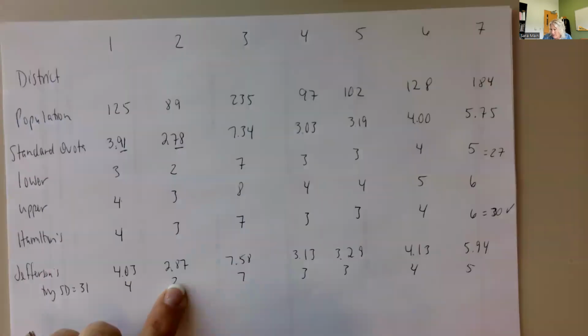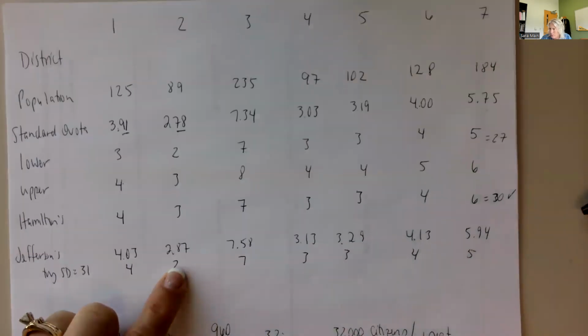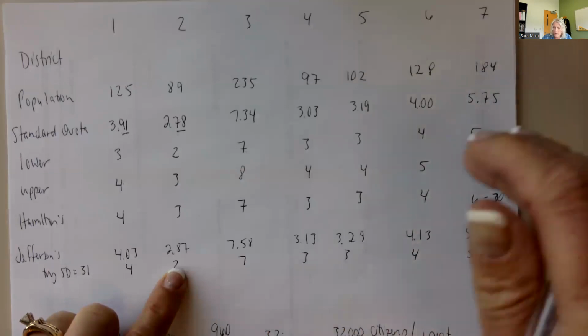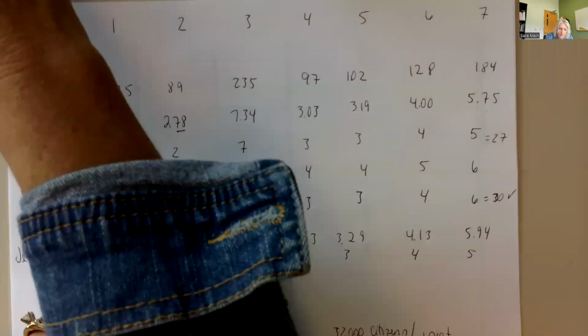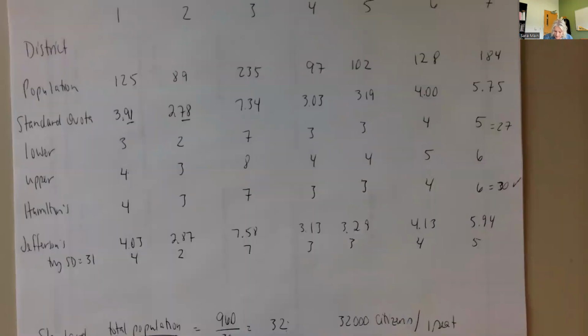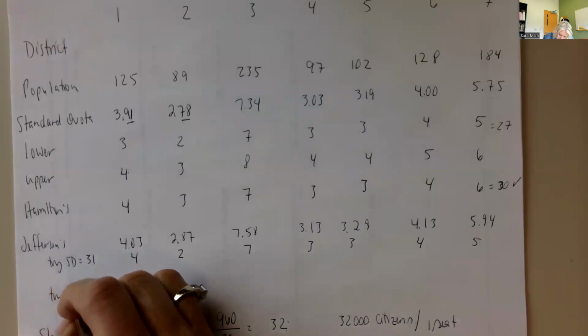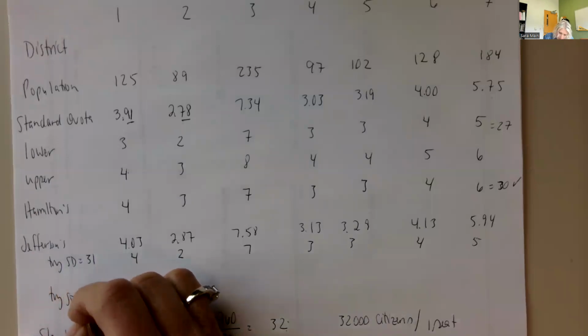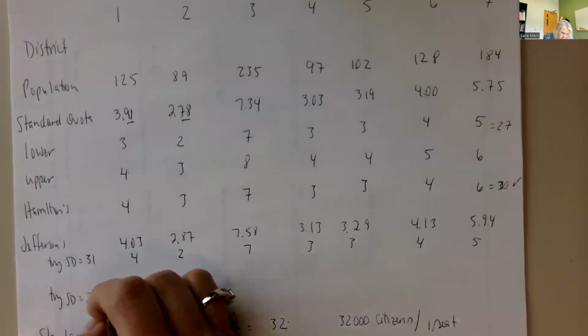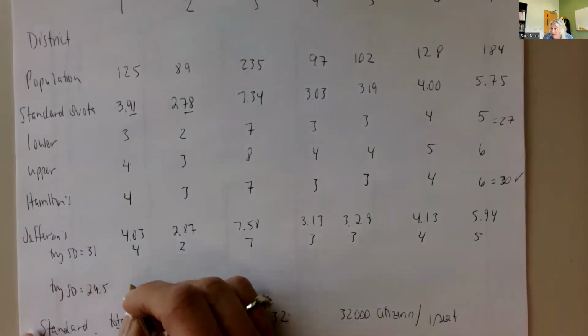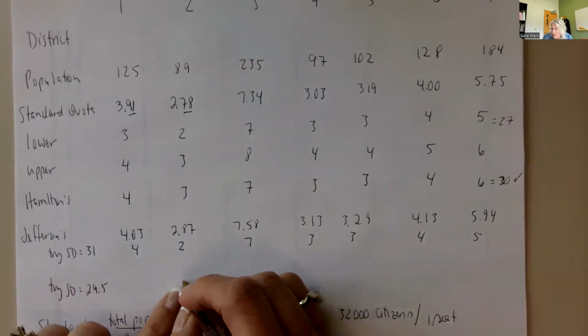If we do 30, District 2 is still going to be at 2.96, so it won't round up. If we do 29.5, then it does. So if we try a standard divisor of 29.5, District 2 now has 3.02.